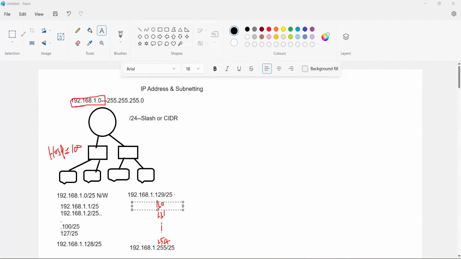Whenever you are discussing classful IP addresses, /24, /16, /8, these are fixed values. What we did with this fixed value was subnetting.